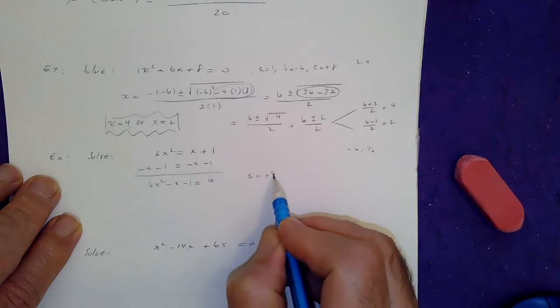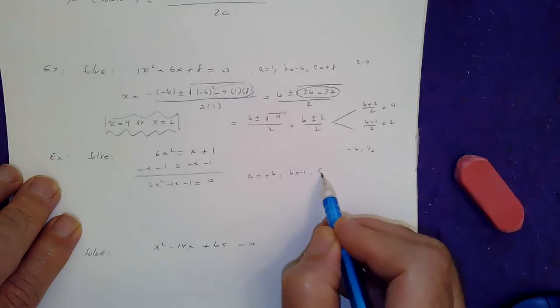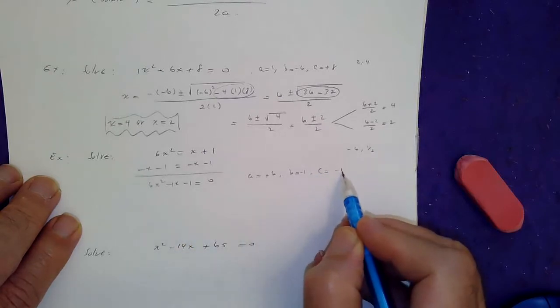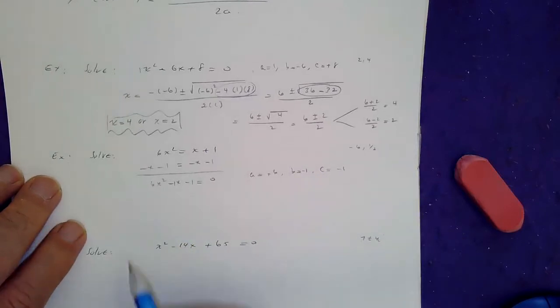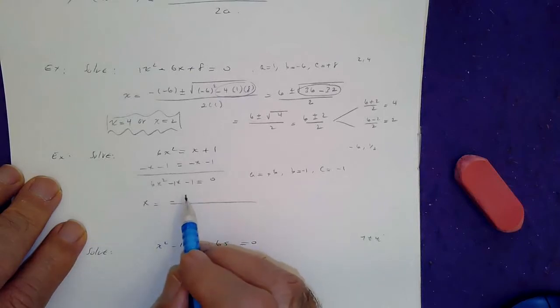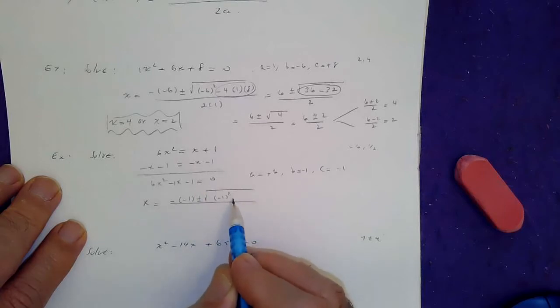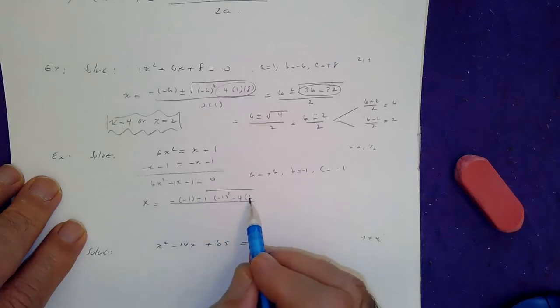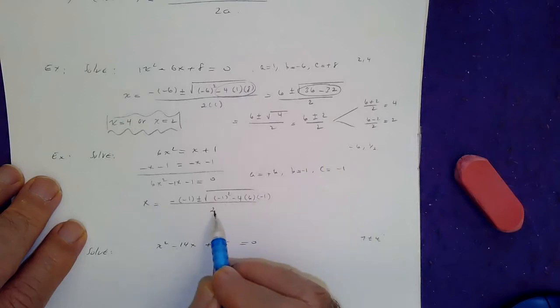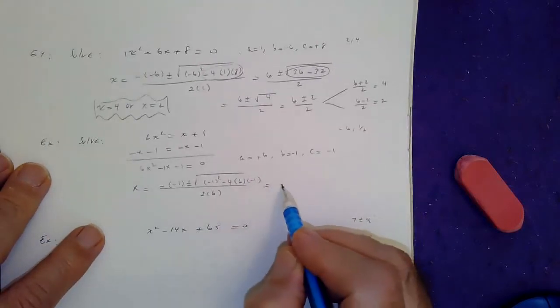A is 6, b is -1, and c is the constant, which is -1. So now you plug those into the formula: -1 plus or minus the square root of -1 squared minus 4ac, over 2a.